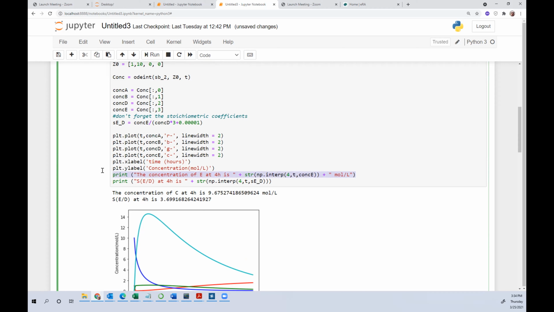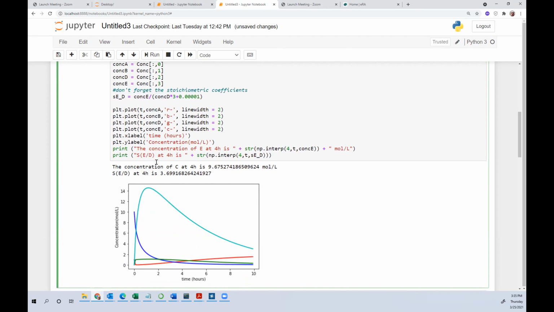Just a way of writing it. And then also print the selectivity of E with respect to D at 4 hours, which is this function evaluated at 4 hours, because this function also changes over time, right?